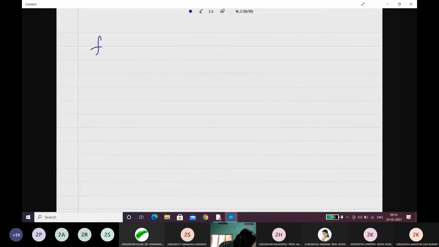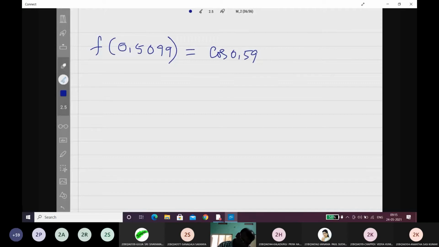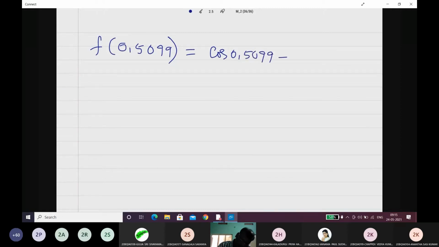Now f of 0.5099 is equal to cos of 0.5099 minus 0.5099 into e power 0.5099.